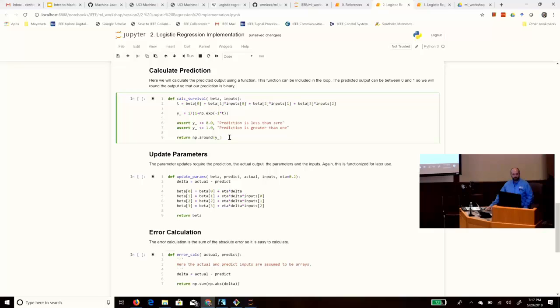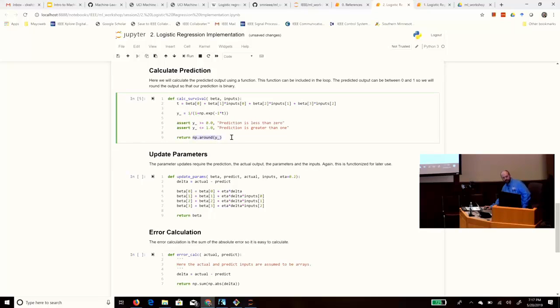So after you guys type that in, go ahead and run that cell. Now that just defined the function. We're not using it yet. What did you say I'm supposed to type in? np dot a round right here.